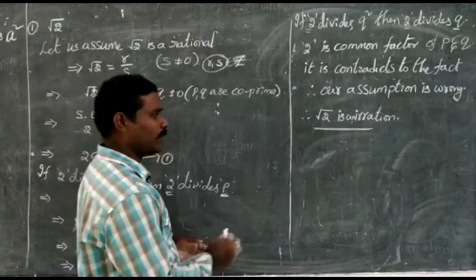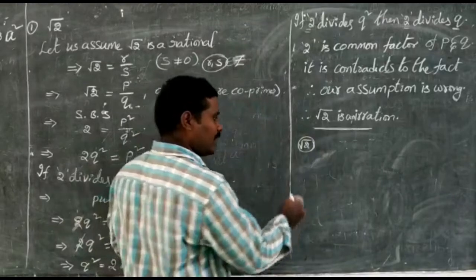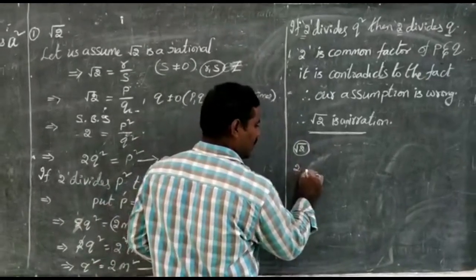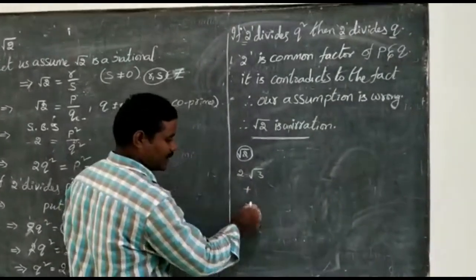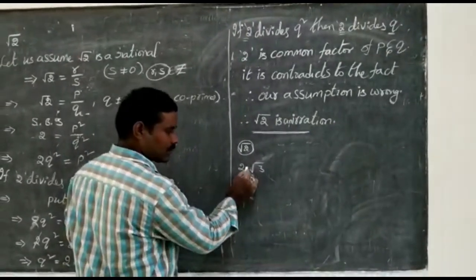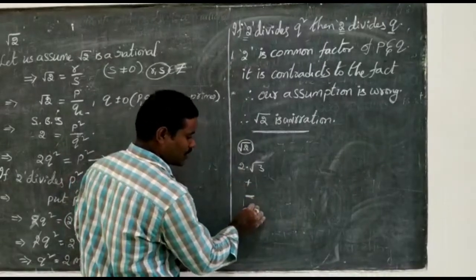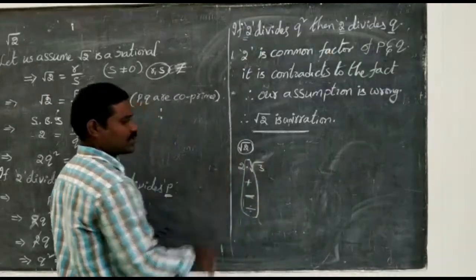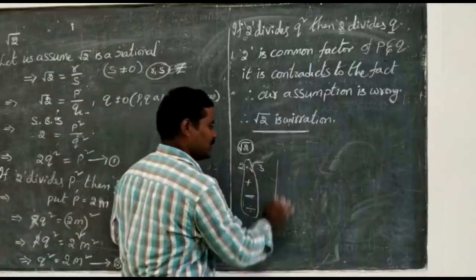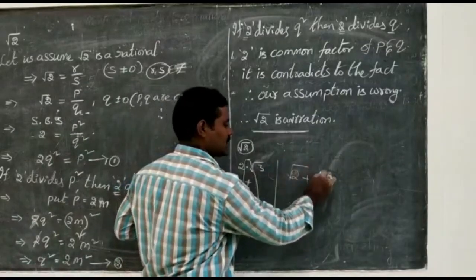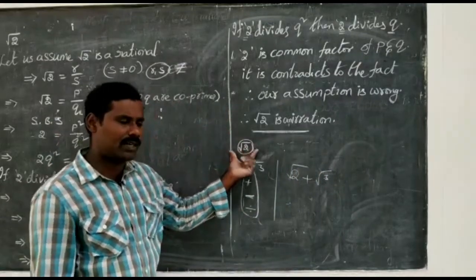We have totally 3 types of problems. One is only an irrational number.